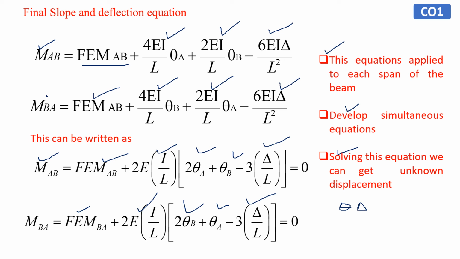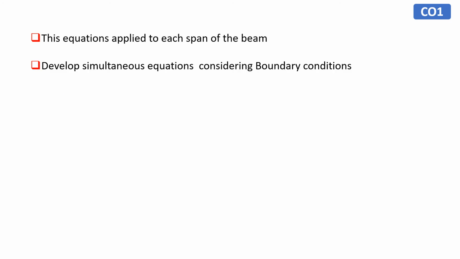Once we get the unknown displacements, we find the final reactions or moments, and then we can plot SFD and BMD. But to develop the simultaneous equations, we need boundary conditions. So what are the boundary conditions?